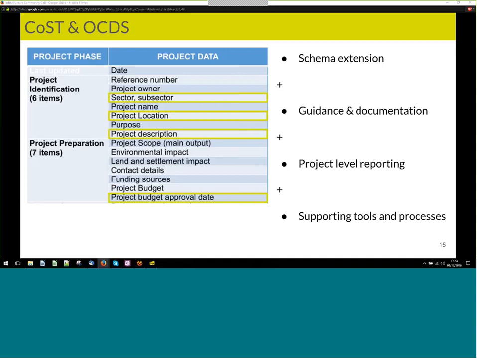So it's about striking a balance between descriptions, location information or sector information being very easy to transcribe from a document where it's messy text into a field, or making it very structured so that analysis can be done on it as data, but it might be trickier to map. Those are some of the challenges we have ahead, and where our roadmap takes us into 2017. We're still developing the plan of action together with OCP, COST and others. But just to give a sense, we think OCDS can be used as a starting point here.